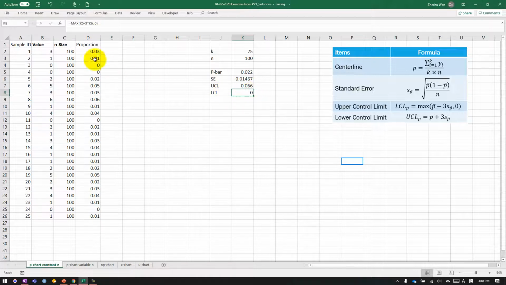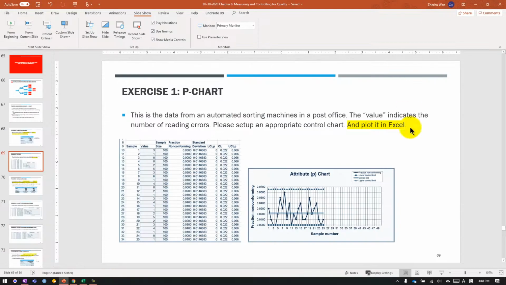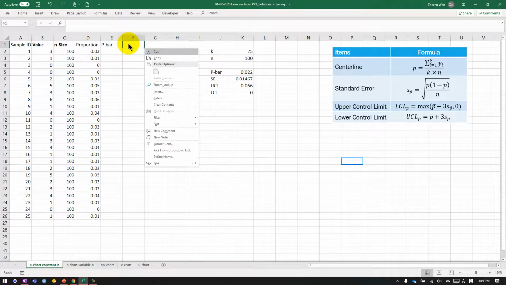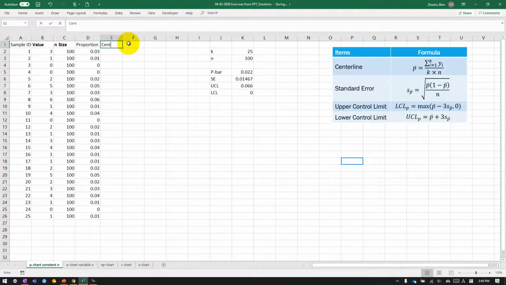That is the case. And how do you plot it? How do you plot something like in your book in Excel, right? Something like this one right here. For that, you need to put down all your numbers here. Instead of calling it P bar, just call it center line. Okay, and then UCL, LCL.